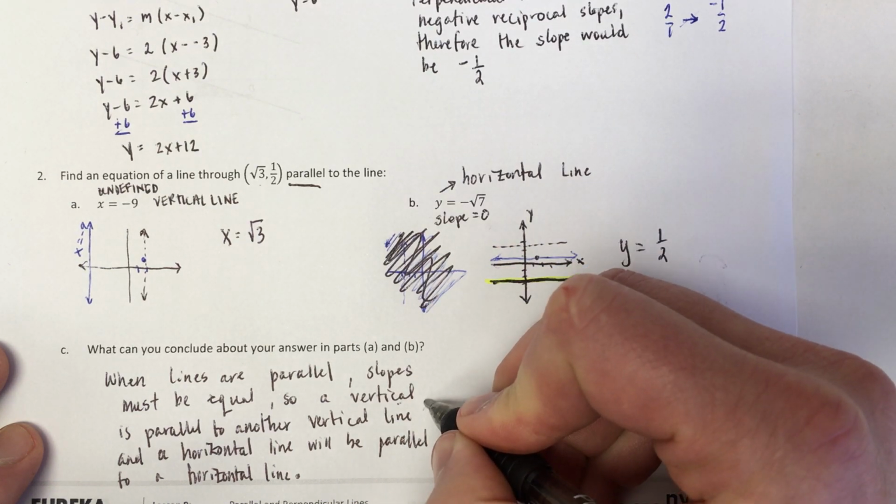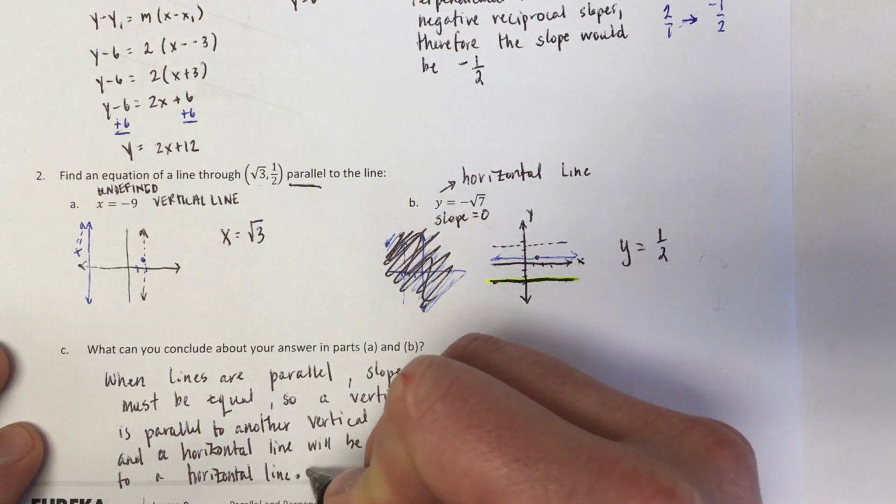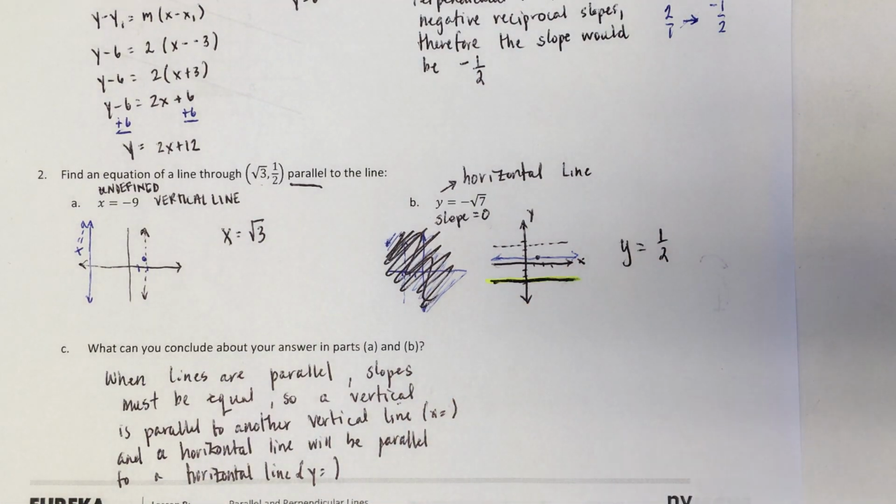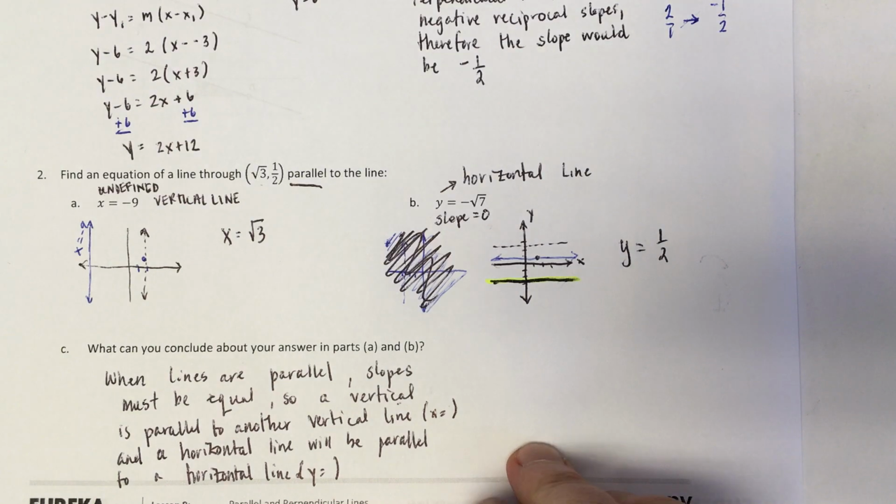A vertical line, remember, is an x equals line, and a horizontal line is a y equals line. And so you just pick the coordinate x or y based on that.